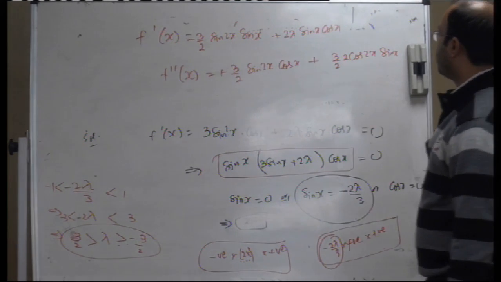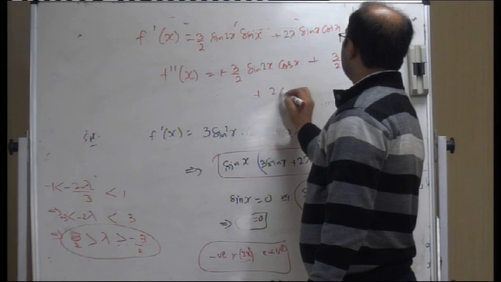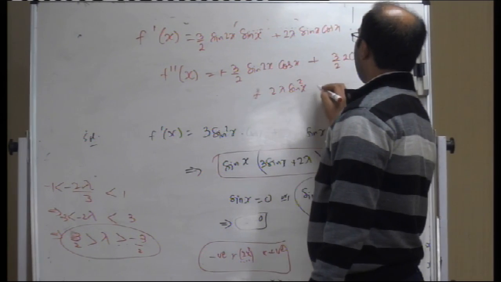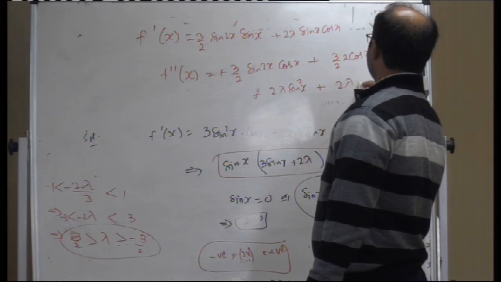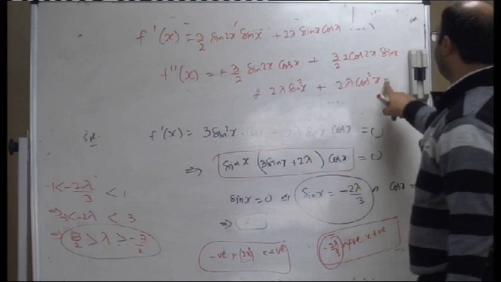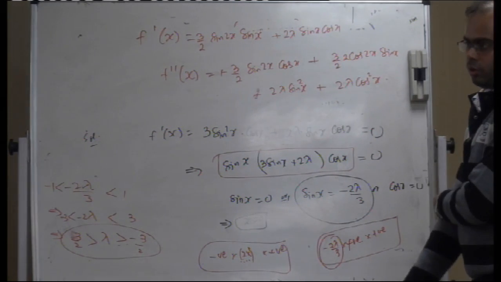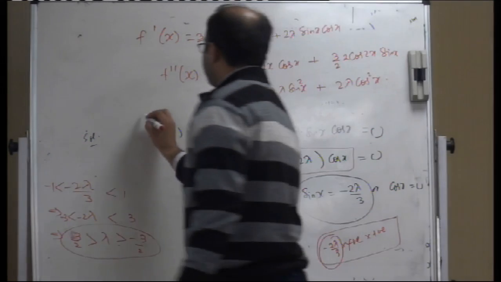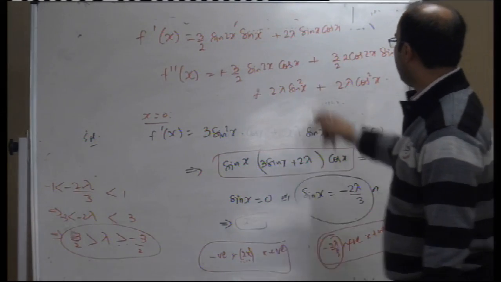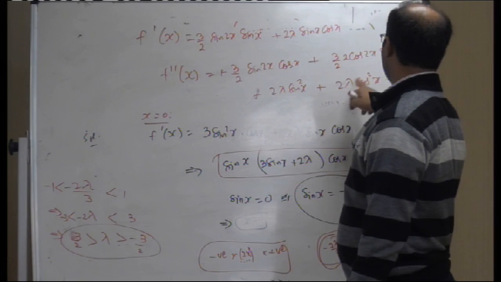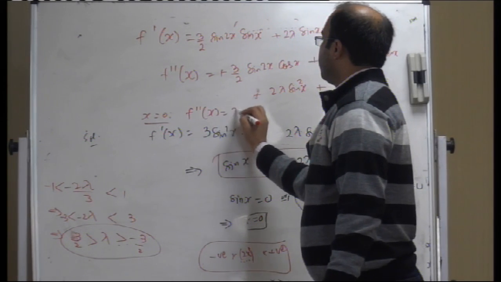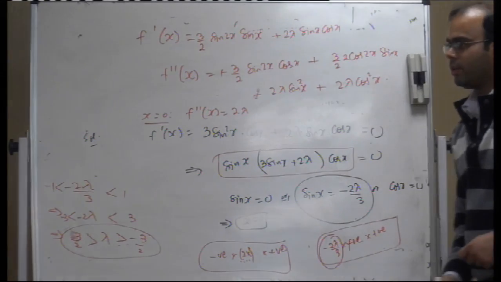So you have got this thing, plus 2 lambda sin x minus sin x and plus 2 lambda cos square x, and equate it to, and now you have to find it at x equal to 0. So when you put x equal to 0, what will happen? F double dash of 0, this would be 0, this would be 0, this would be 0, this would become 2 lambda. F double dash x would become 2 lambda. I hope this is okay.